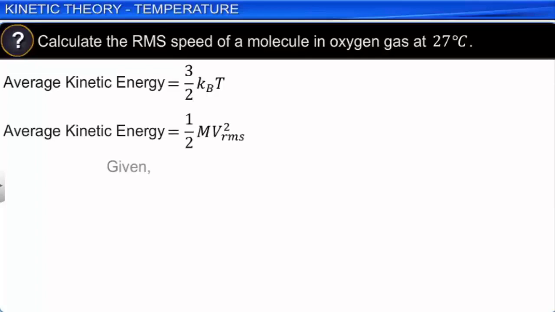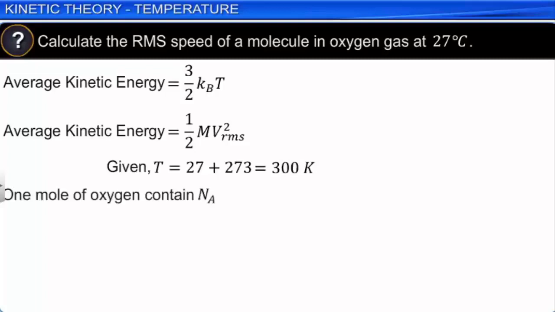Given T is equal to 27 plus 273, which is equal to 300 Kelvin. 1 mole of oxygen contains Avogadro's number of molecules. That is 6.02 into 10 raised to power 23 molecules.